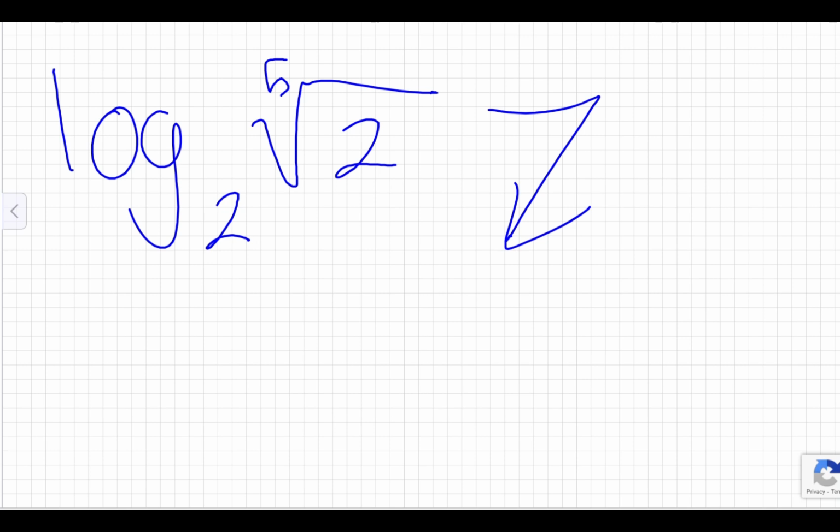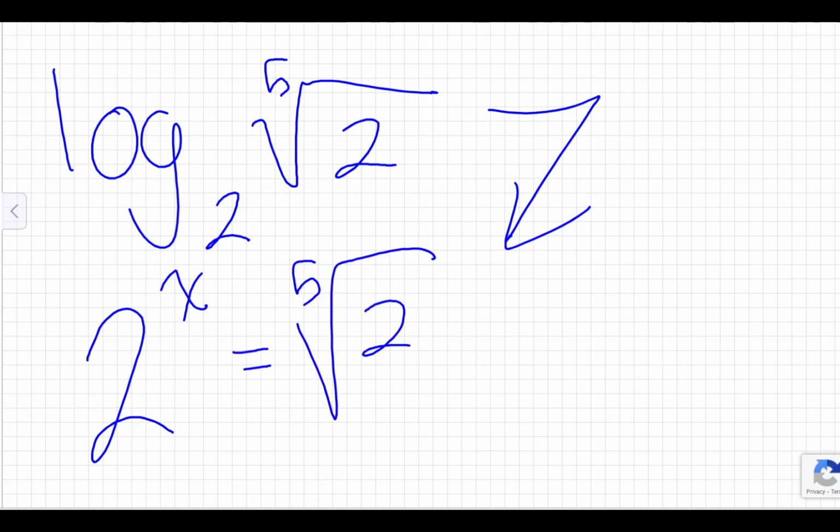So we know that 2 is the base, and the exponent we don't know, and the answer gives us this. But remember, square roots also equal the power being 1 over 2. That's for square roots, but in this case, it's 5.